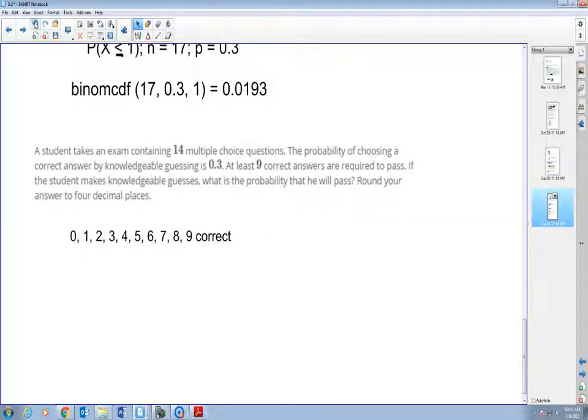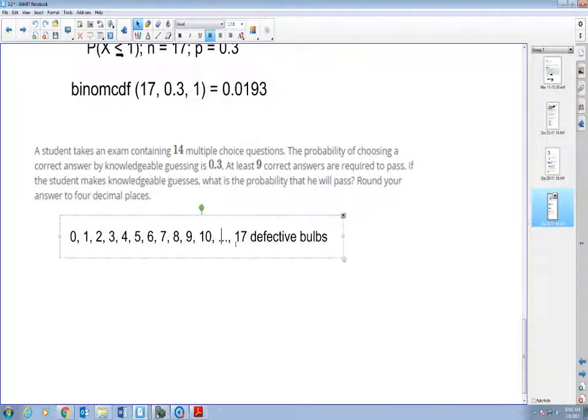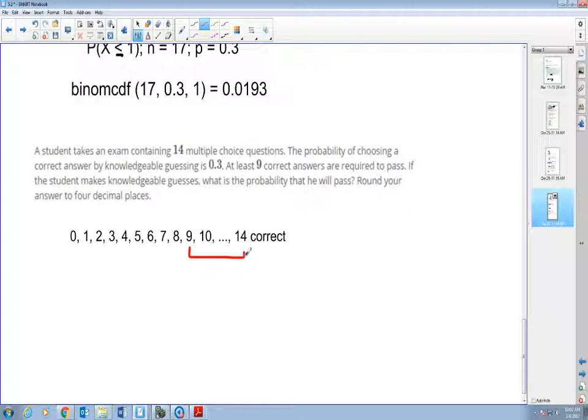Oh, 14. I got 14 questions. So I need to get at least 9, so that means 9 and more. So that's 9 all the way up to 14.